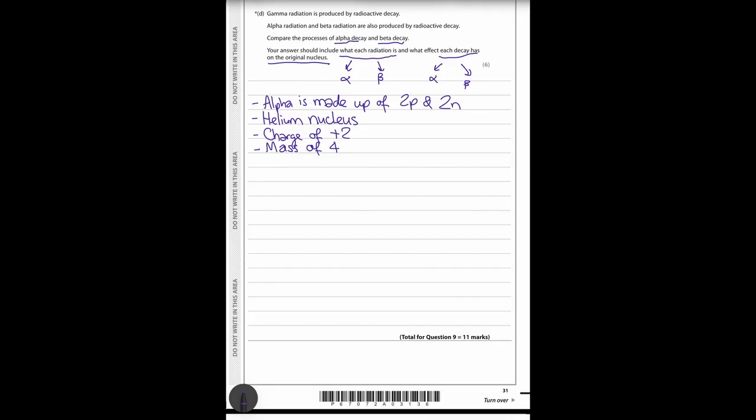Okay, so now let's say what a beta particle is. So a beta particle is an electron, or beta minus. So when you say beta without qualification, it means beta minus. So it's going to be an electron. So the fact that I know it's an electron, what can I say about that? Well, the charge must be -1.